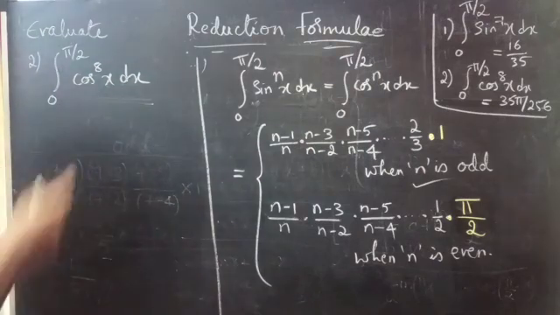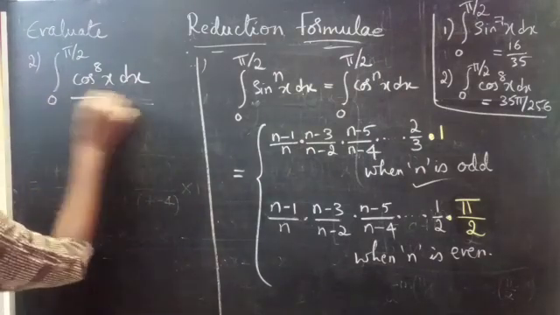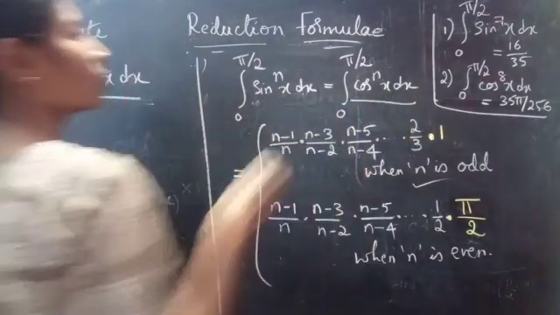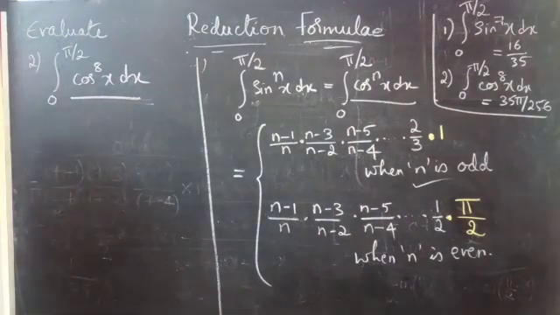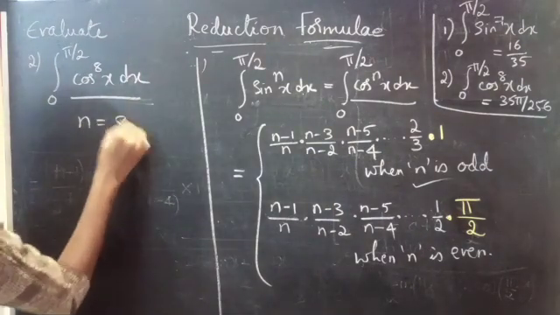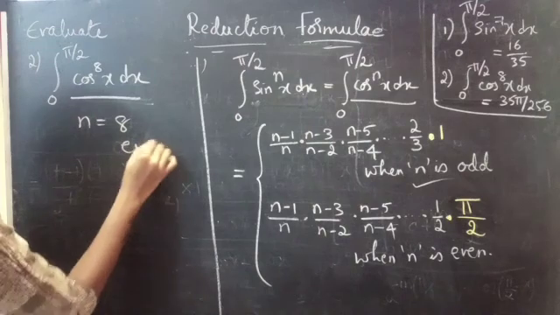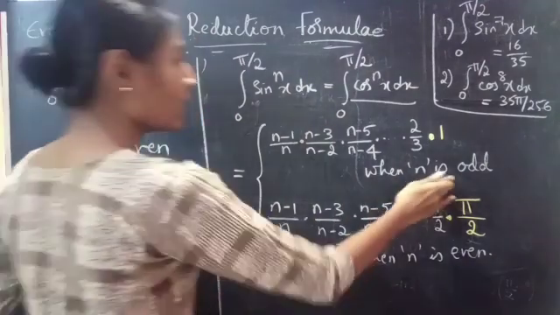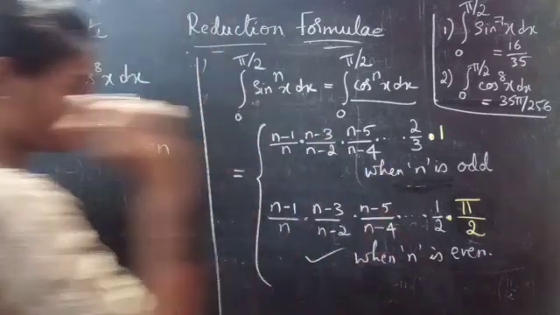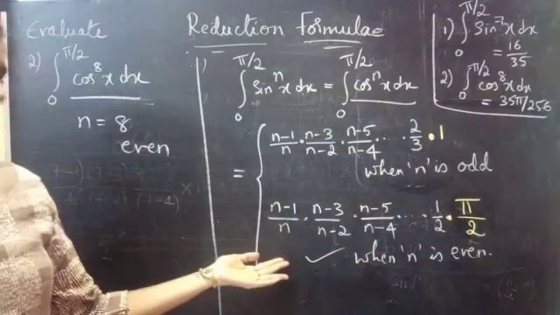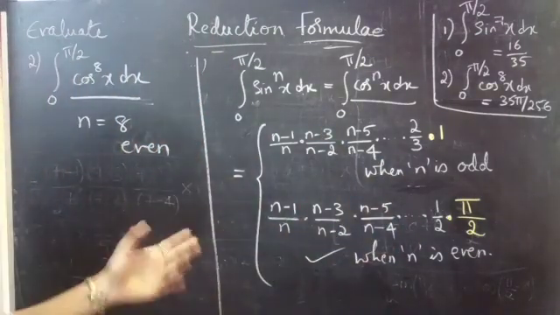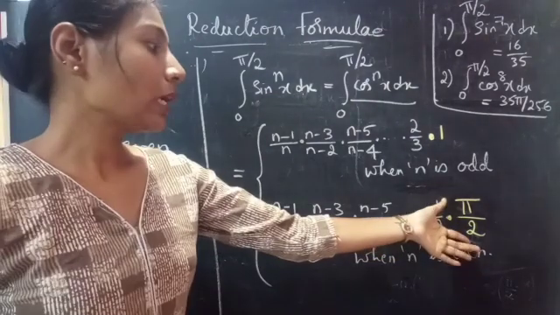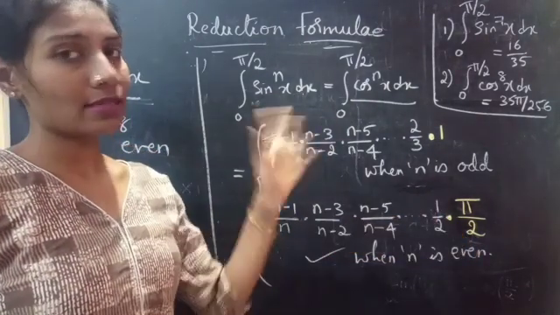If we compare this with cos power n x, you get n equals 8. 8 is an even number. Since 8 is an even number, which formula do you have to use here? The second one. So here what are we going to include? Pi by 2. Remaining is the same.